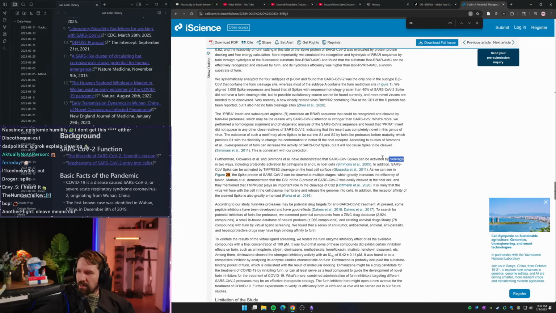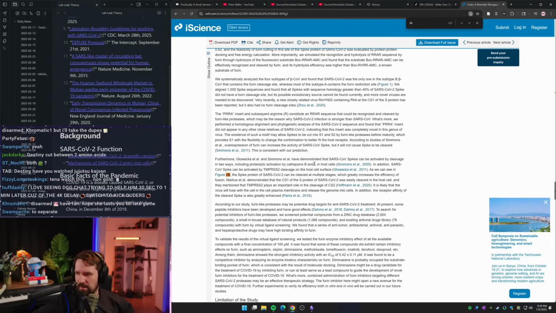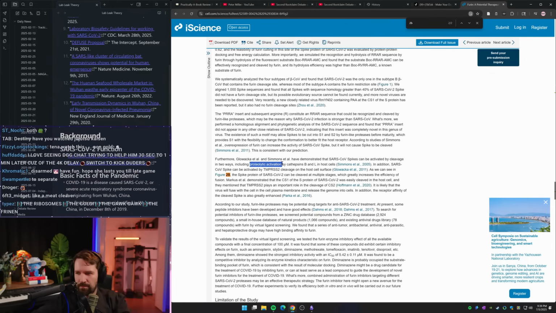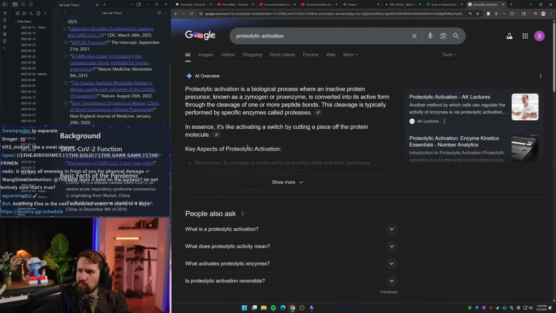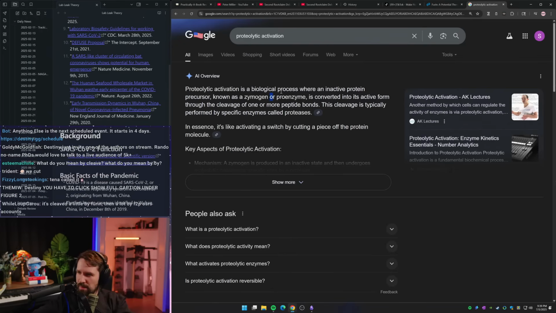Okay, spikes can be activated by cleavage in two ways, including proteolytic activation by cathepsins B and L in host cells, where an inactive protein precursor is converted into its active form through the cleavage of one or more peptide bonds.